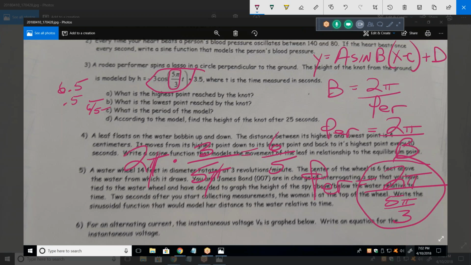Okay, but you definitely have to know all of this. This is probably the single biggest reason why they treat sinusoid functions differently than polynomials. Because when you have a polynomial, b is merely a horizontal stretch or shrink factor.